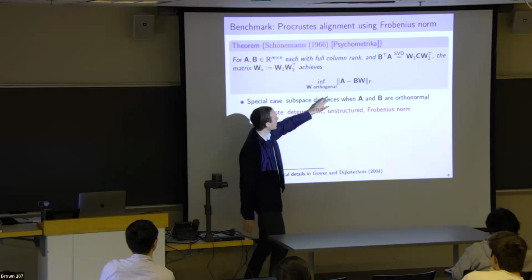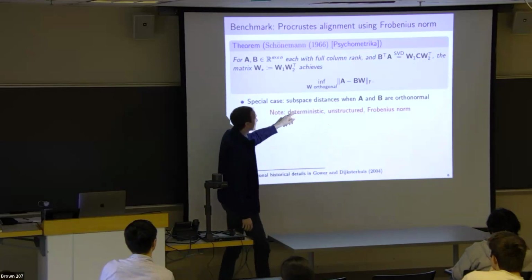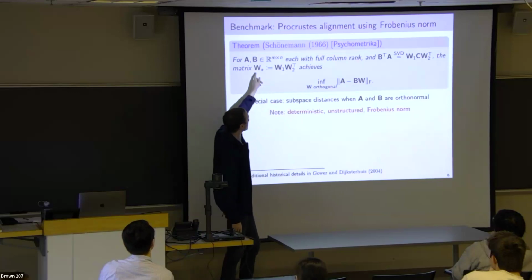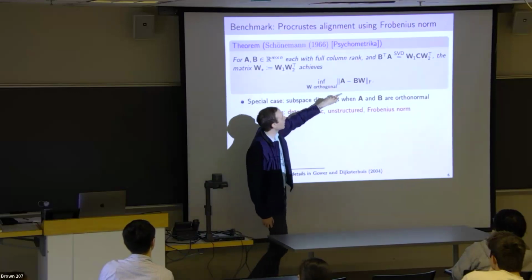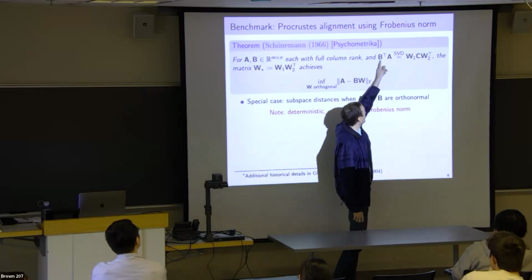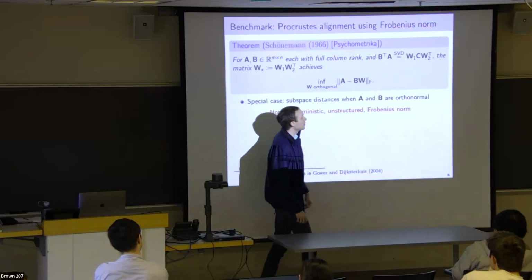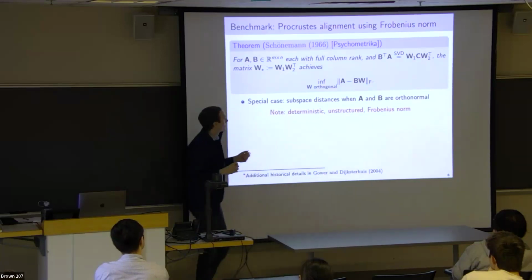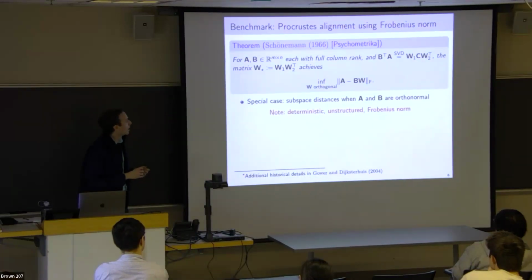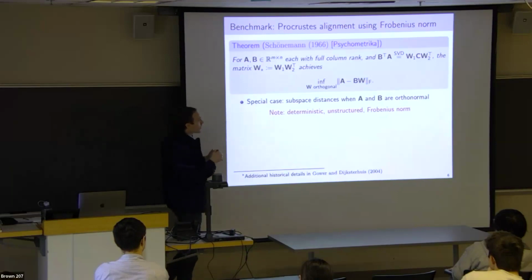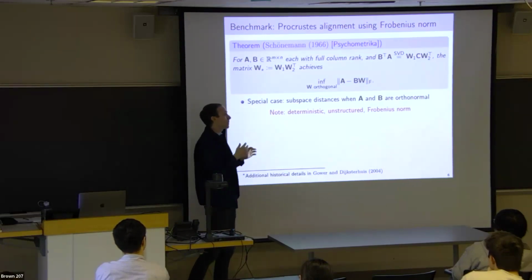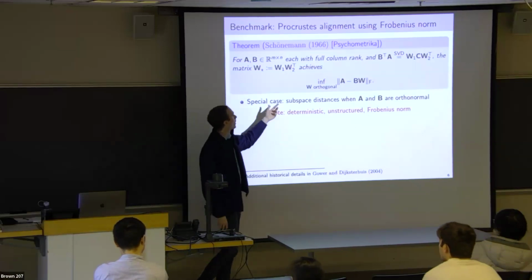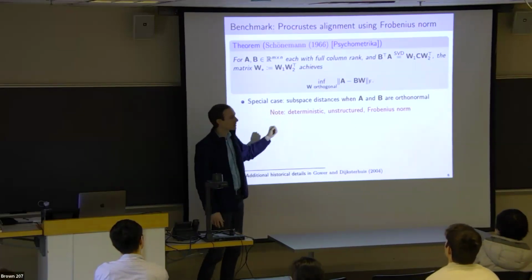It turns out that we can solve this problem in Frobenius norm very nicely and explicitly by computing an explicit minimizer, W star, using the original matrices B and A themselves and computing an SVD and keeping the left and the right orthogonal factors from that. In the case when A and B themselves are more structured, if they're representing bases for low dimensional subspaces, in the orthonormal case, that reduces to subspace distances.